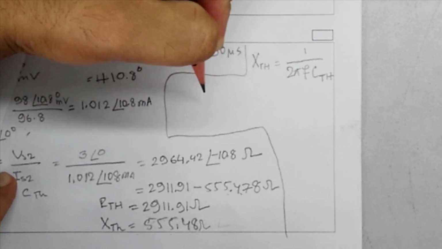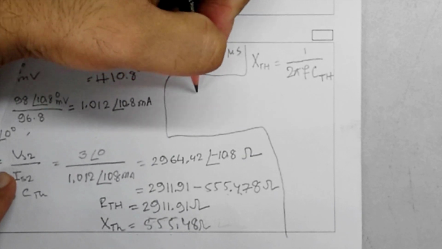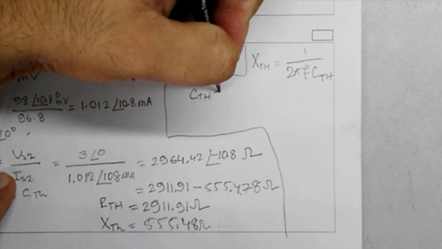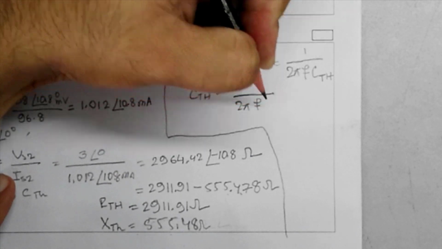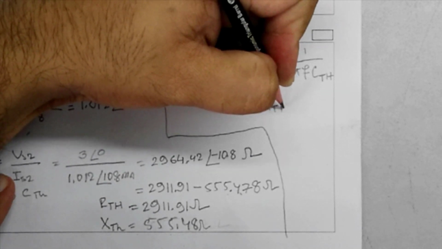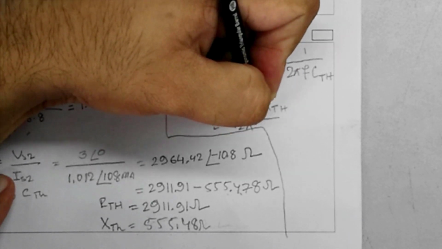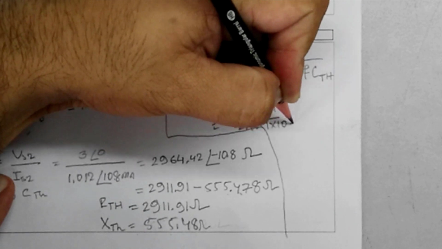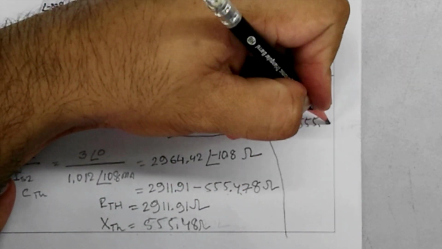From here we will calculate the Thevenin equivalent capacitance. Two pi, frequency is 1 kilohertz and XTH is 555.48.